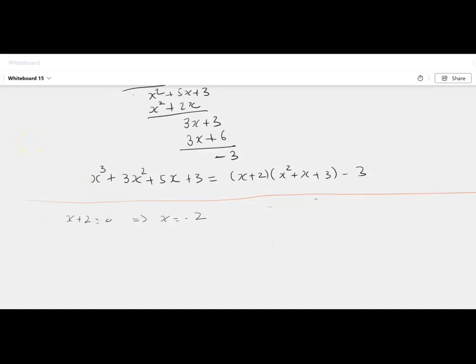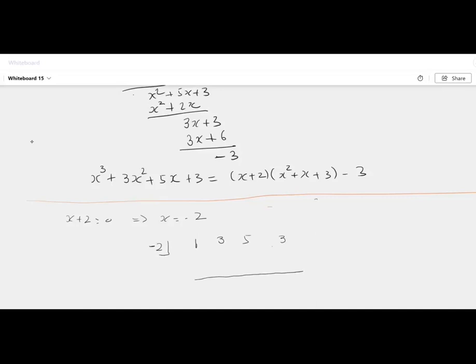The coefficients of the terms in p of x are 1, which is the coefficient of x cubed, 3, the coefficient of x squared, 5, the coefficient of x, and 3, the constant term. And then you place minus 2 about here, and draw a horizontal line under all the coefficients of the polynomial p of x.